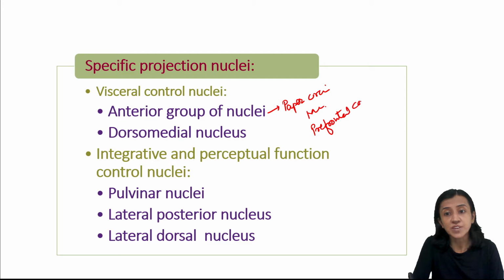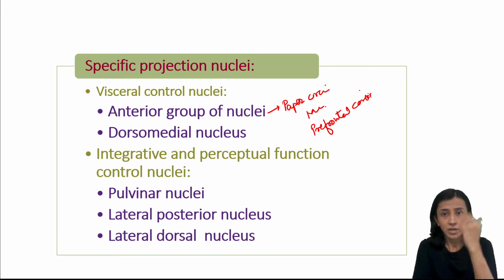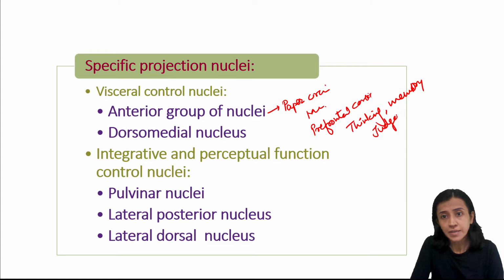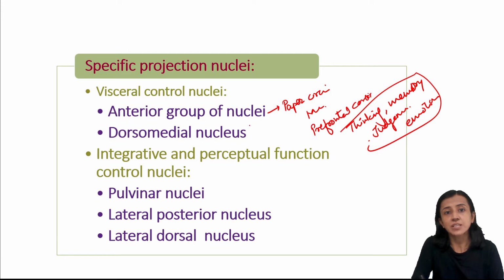The prefrontal cortex, which is very important, is here, anterior to the frontal motor areas, and is very important for thinking, memory, judgment, and emotional behavior. So this decides the personality. So that is visceral control, the dorsomedial and anterior group of nuclei.